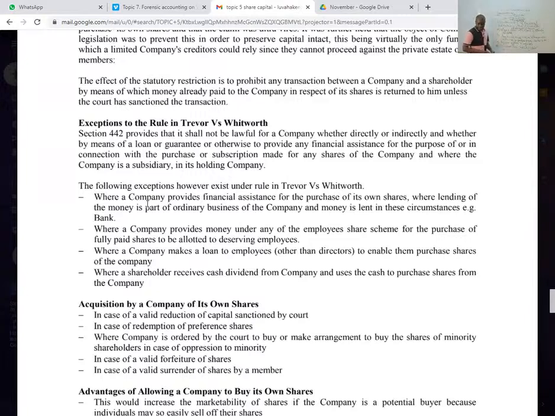So let us look at share capital reduction.